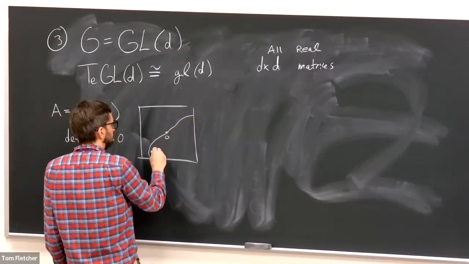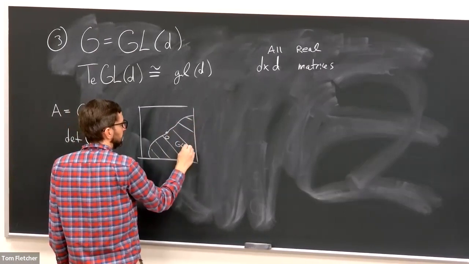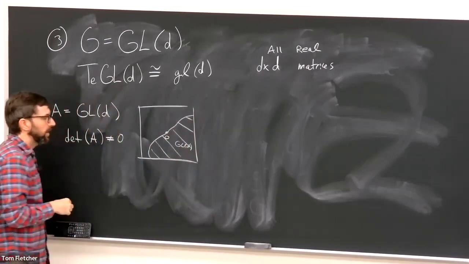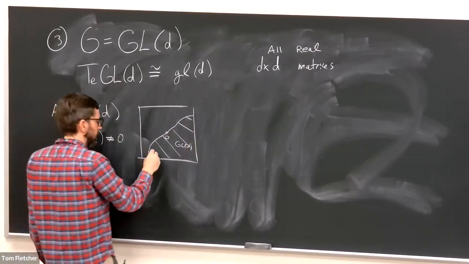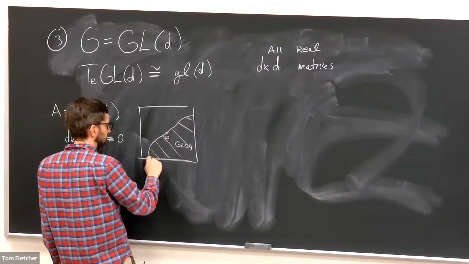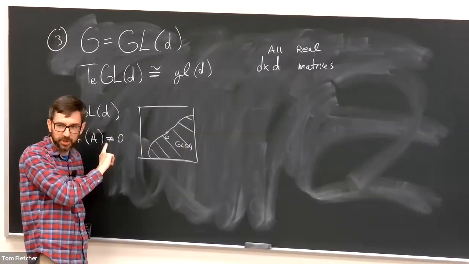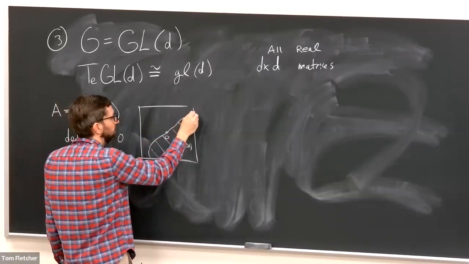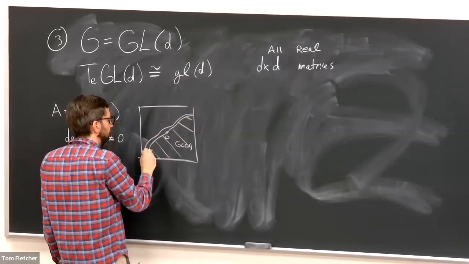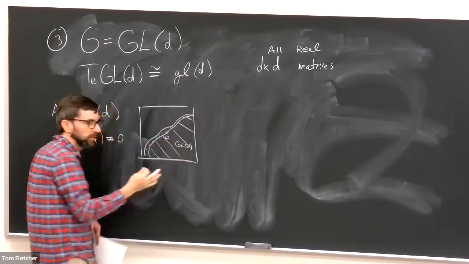So I'm just going to draw something that looks like this. This is GL(D) here, and actually I should be very careful, because remember there are positive determinant and negative determinant matrices. The gap here should really be a lower dimensional subset.